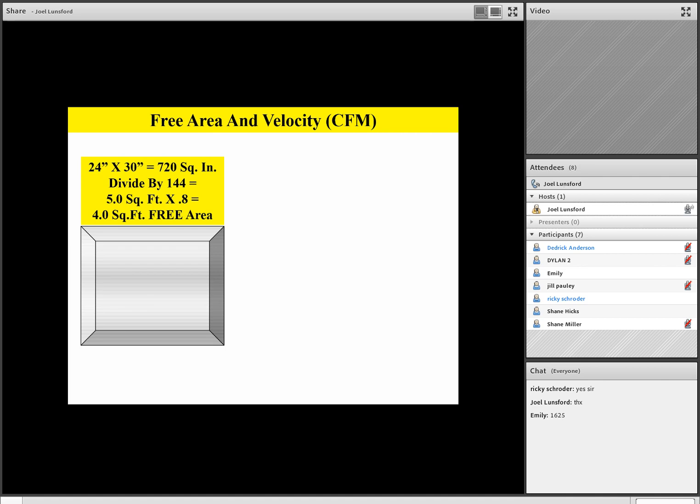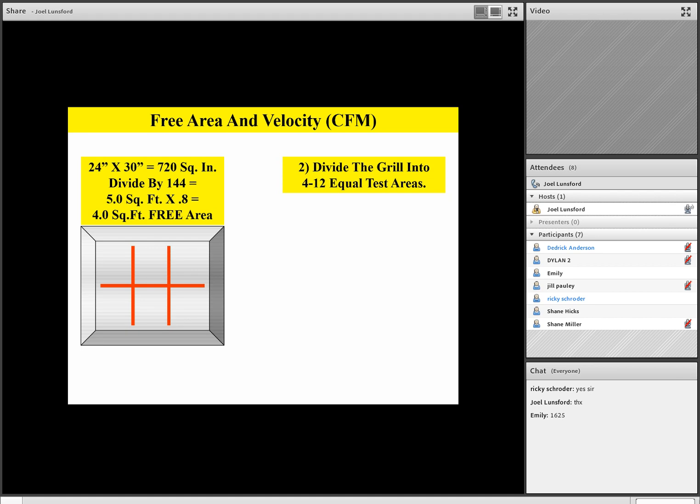So we take 5 square feet and multiply times 0.8, and that gives us a 4.0 or 4 square foot free area. Now, team, we're going to divide that grill or register into 4 to 12 equal test areas because we're going to average the velocity across that grill.